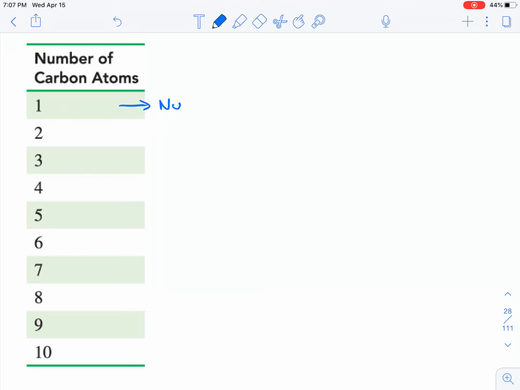The answer is no. If you have 1 carbon, there's no possible way for you to have a cyclic ring of just 1 carbon. So no cyclic version is possible.